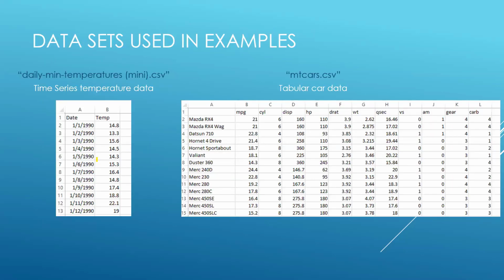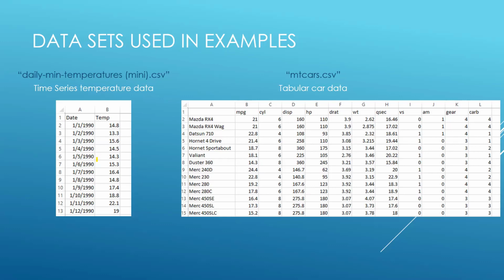So I mentioned we're going to be working with some data contained in comma separated values files, CSV files. Just to give you a quick sense of what we're talking about today, my first one is called daily min temperatures, which is just time series data of daily temperatures.